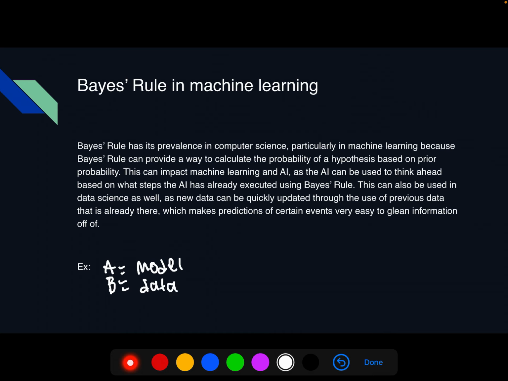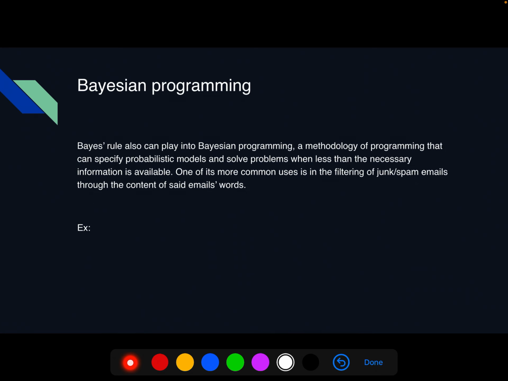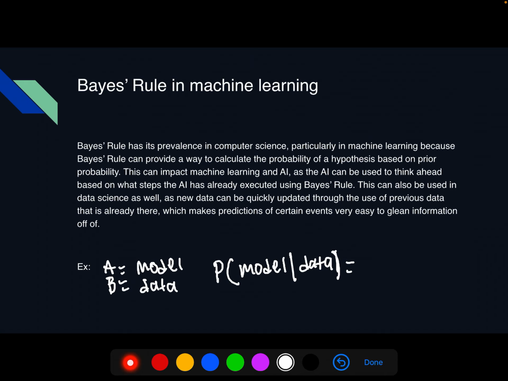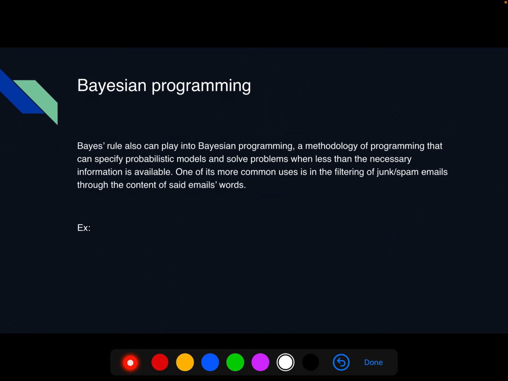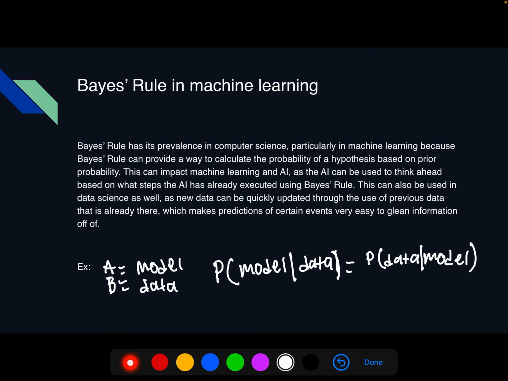So given Bayes' theorem or Bayes' rule, we can glean the probability of the model when the data is true shows P of data given model, and then P of model, and then P of data.